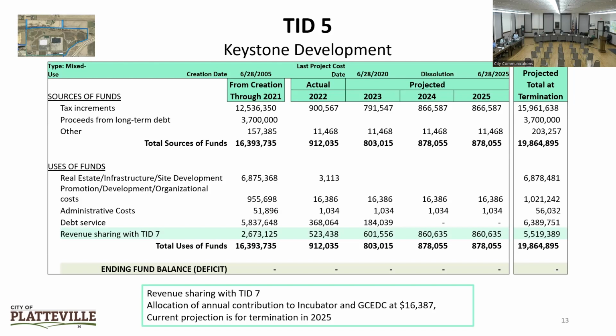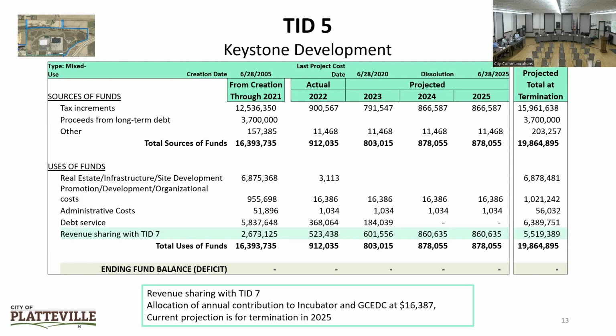So going back to the actual 2022 activity, you can see that the total funds for the TIF generated were $912,035. And of that, $900,567 was tax increment. And then down below, you can see the uses of funds. There were some expenses related to infrastructure site development.